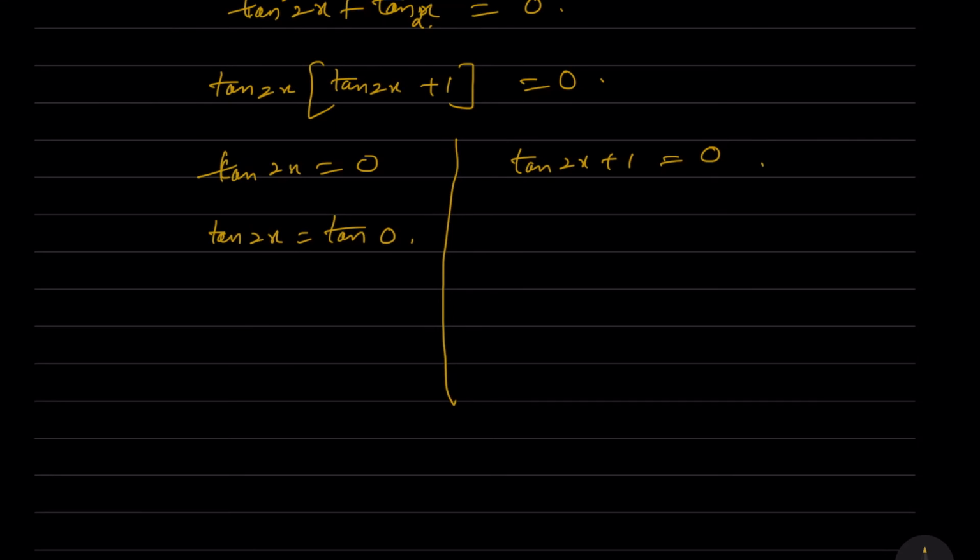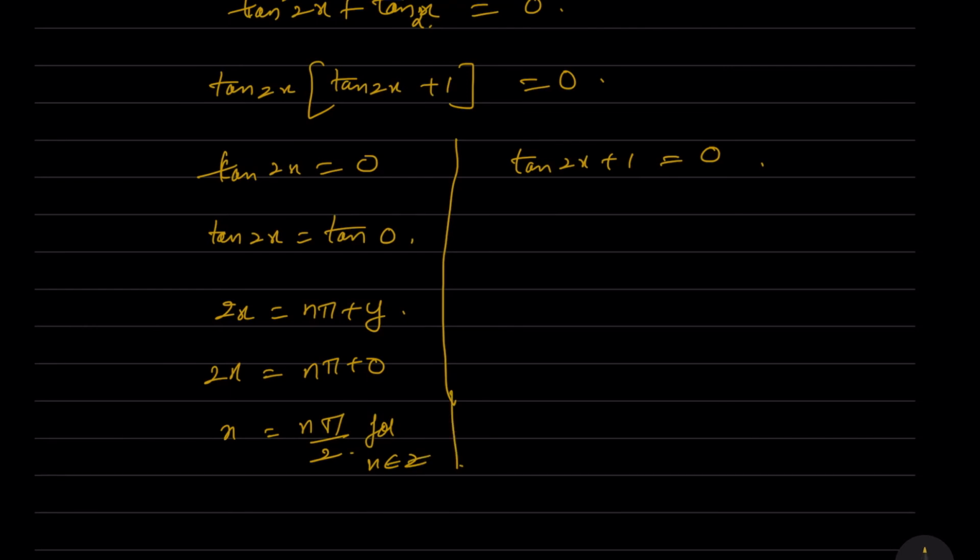Therefore, applying the general solution formula, 2x is equal to n pi plus 0, or x is equal to n pi by 2 for n belongs to Z. This is one solution.